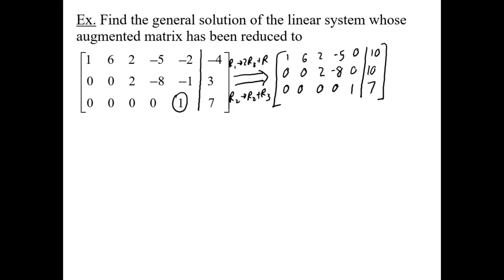Let's move to the next pivot. Now remember, in echelon form, this number can be anything, but in reduced echelon form, that needs to be a 1. So the next thing I'm going to do is take my second row and just multiply by 1/2. And by the way, that is always the most direct way to get a 1 in that pivot position. It might result in fractions. Fortunately, it doesn't this time.